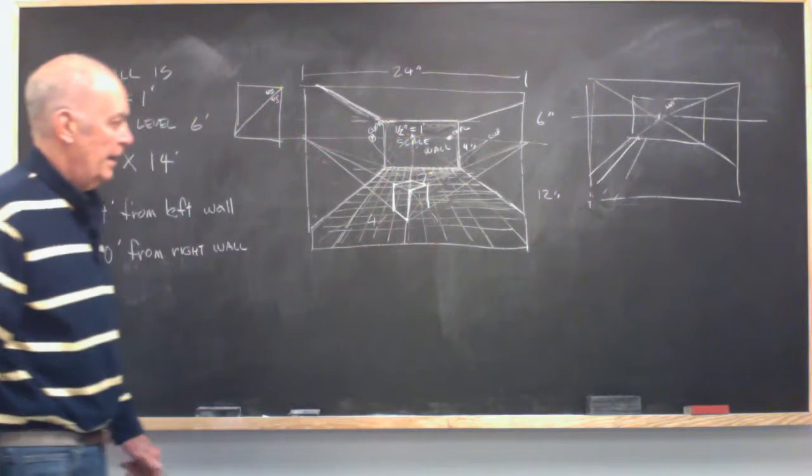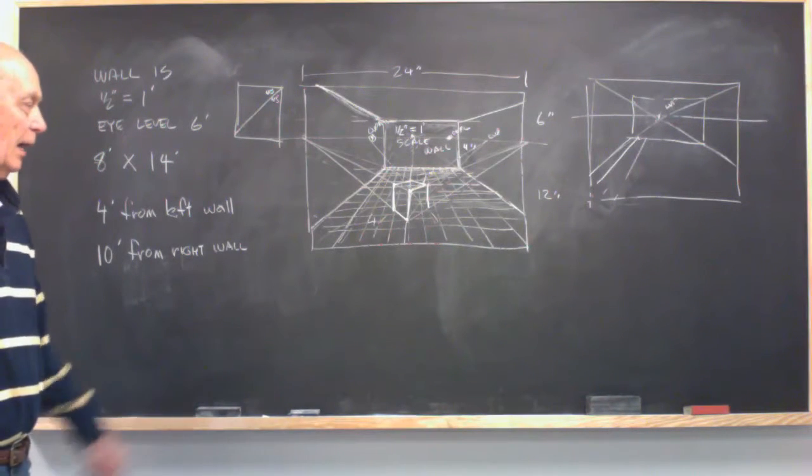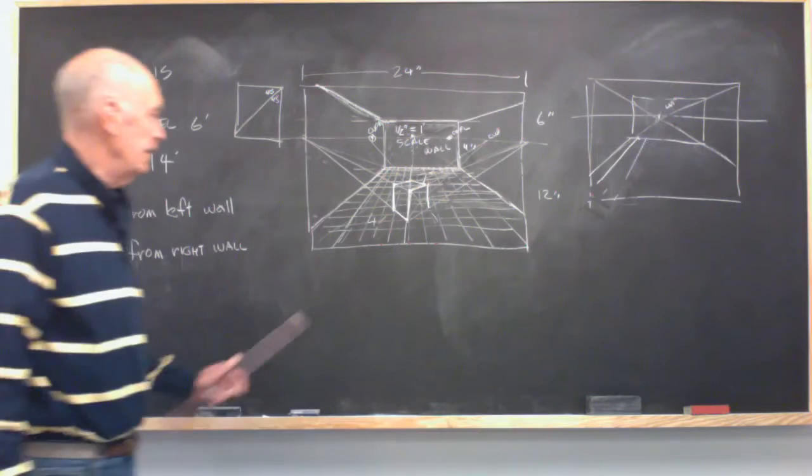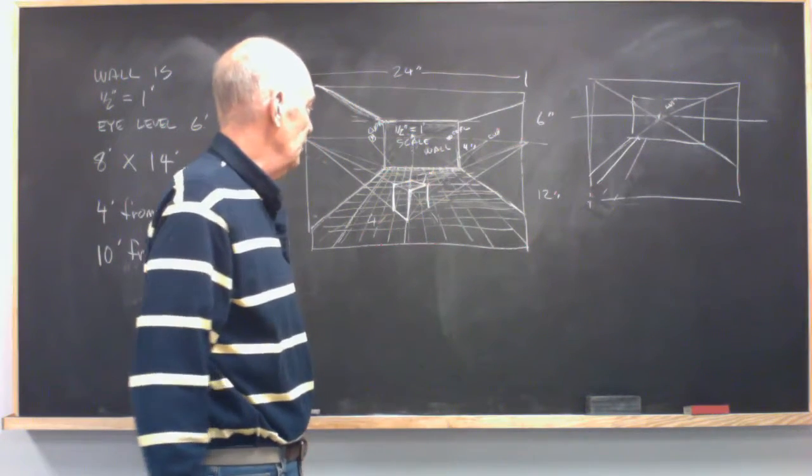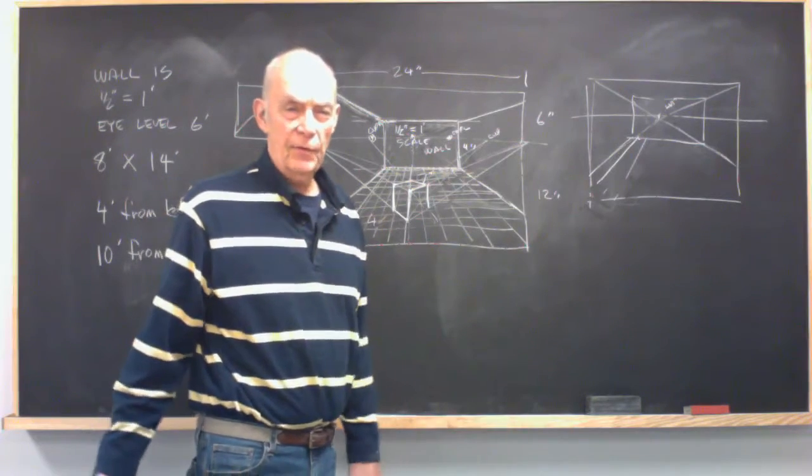So I have a block that's 10 feet from the back wall, 4 feet from the left wall. That's 2 foot by 2 foot in this room. So I've drawn all this to scale.